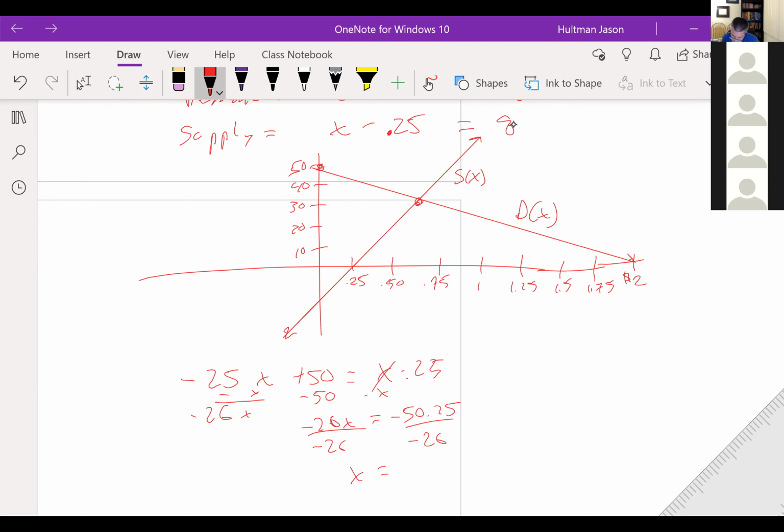Negative 50 divided by 26 is negative 1.93, they're saying.